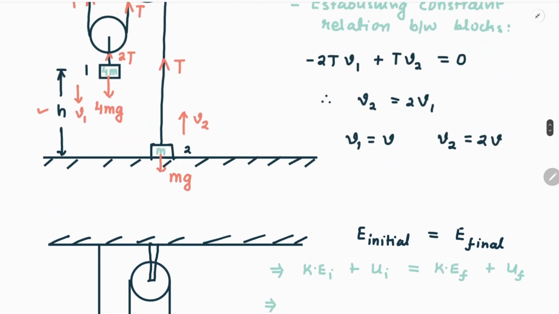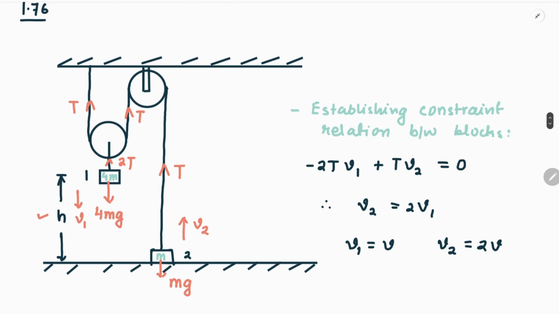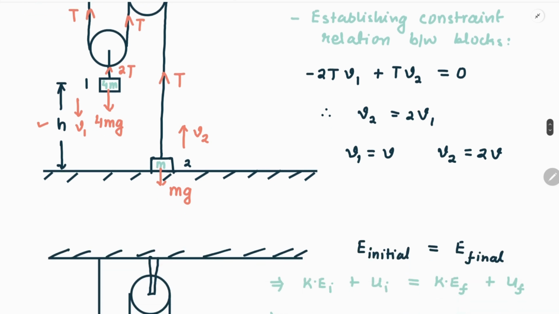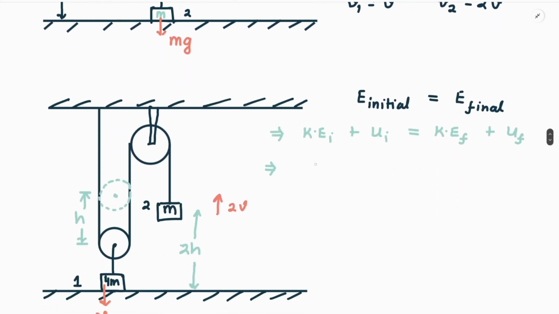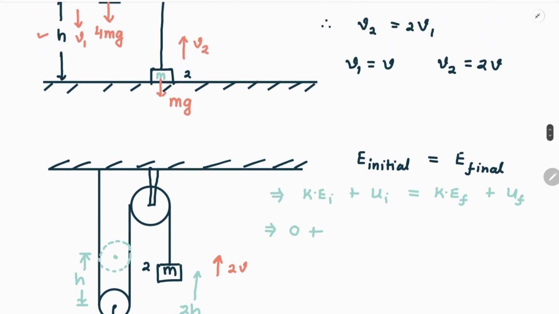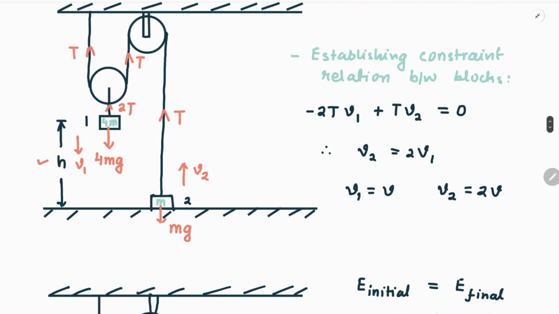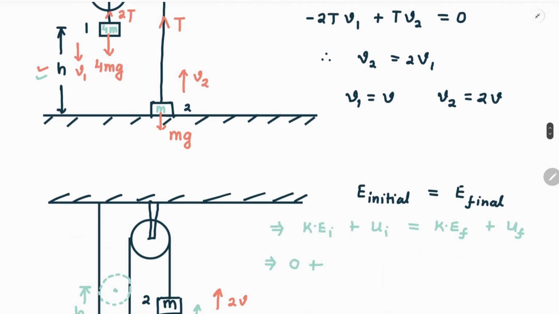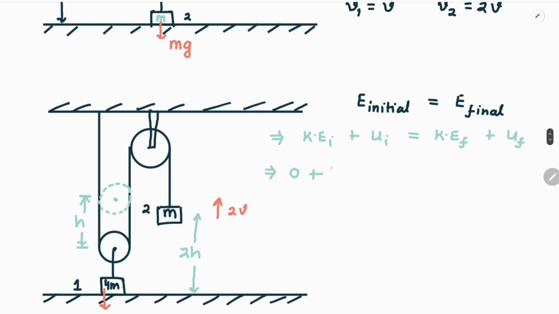At the initial state, when the system is released, there is no kinetic energy at all in the system. So the initial kinetic energy of the system is 0. The initial potential energy of the system is stored in the block of mass 4m, which is at a height h. So we are writing this as 4mgh.